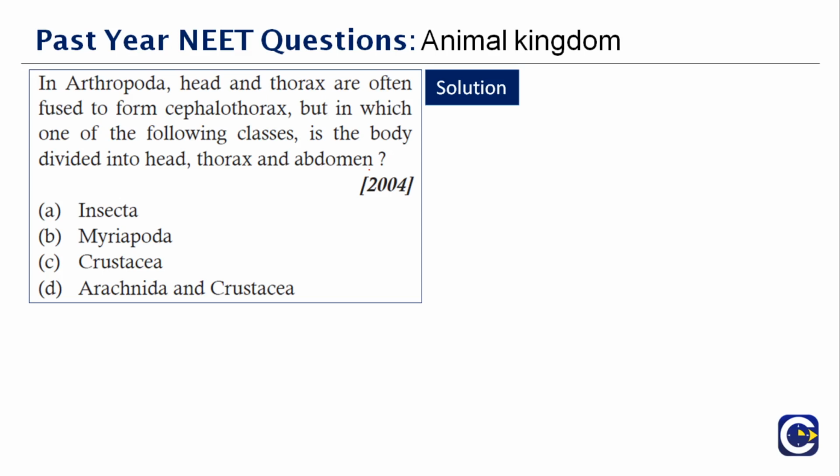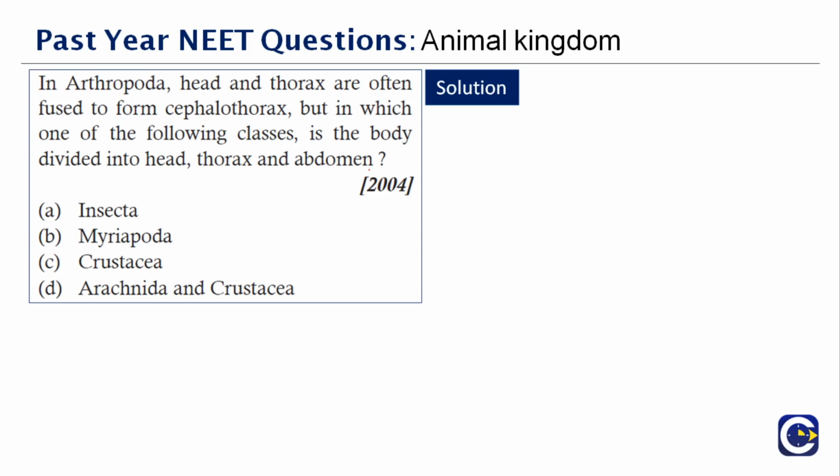Apart from that, what else they have asked here is, in Arthropoda, the head and thorax are often fused, together called the cephalothorax. Now, when everything is separate, what do you call that? It is actually Insecta.